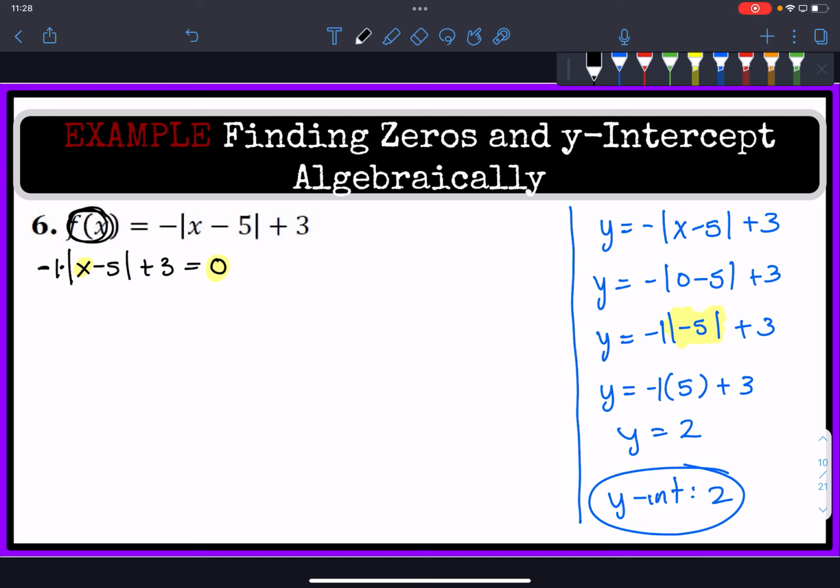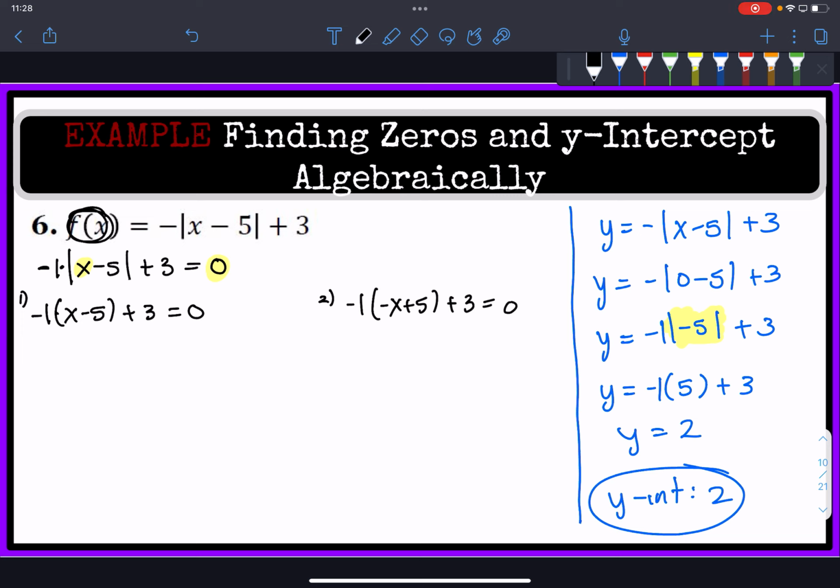We create the case where the inside is to the right of 0, which makes it positive, in other words keeps the value the same. That's the first case. And the second case is if the inside of the absolute value is to the left of 0. So that's negative 1 times negative x minus 5, plus 3, equal to 0.